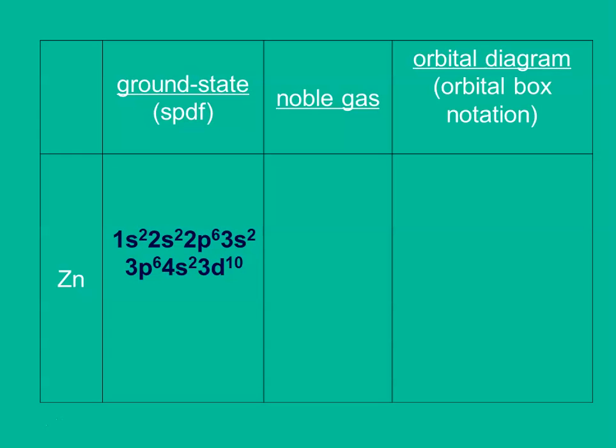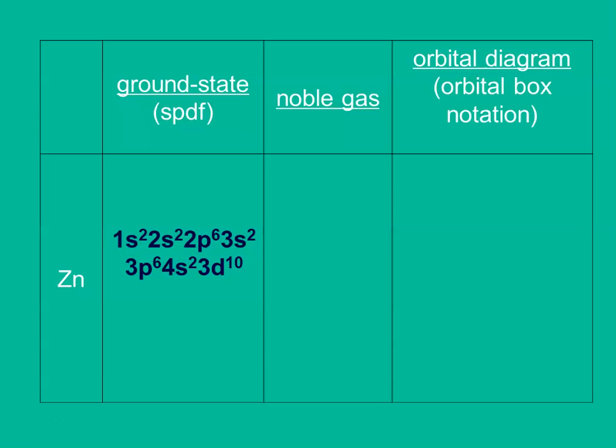And then because we are in that middle section, the transition section of our table, we would start our D sublevels. Our first D sublevel is found within the 3rd energy level, so we would have 3d. And zinc has 10 more electrons to place, and that's the number of electrons that these can hold. So you would have 10 d electrons in that 3rd energy level.